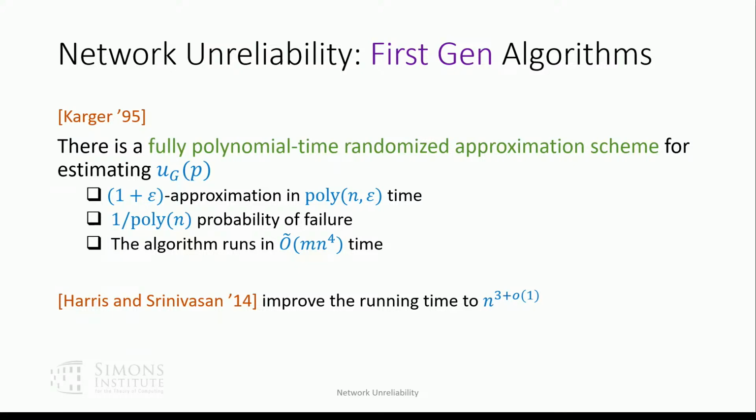Any questions about just the statements? Epsilon strangely does not appear in the runtime. Am I missing something? Yeah, so there are poly 1 over epsilon terms which I'm suppressing. I'm thinking of epsilon as 0.1. Other questions? Also, this better analysis doesn't depend on the edges. What's the dependence on the edges, where it's not depending on that at all?